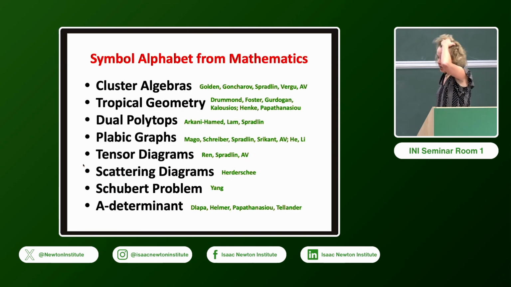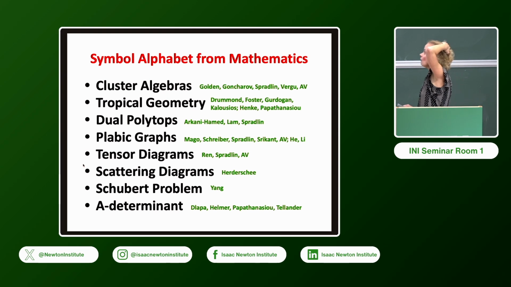There's been a lot of development, so this could probably be a lecture course by now. There's been a lot of development in mathematics. It turns out that for 6 and 7 points, the alphabet is described by cluster algebras. However, for 8 and 9 points, these are so-called Grassmannian cluster algebras. But the Grassmannian cluster algebras become infinite at 8 points and higher.